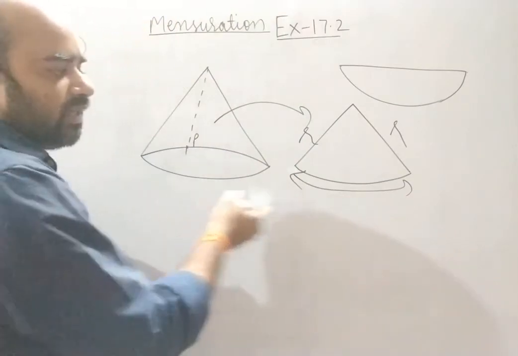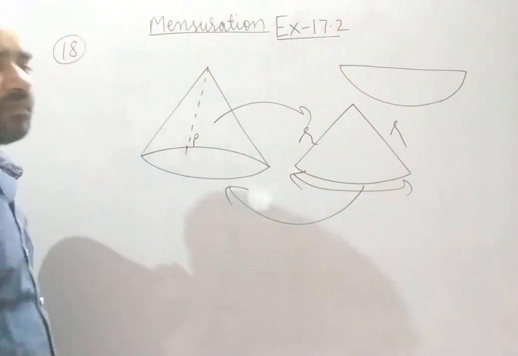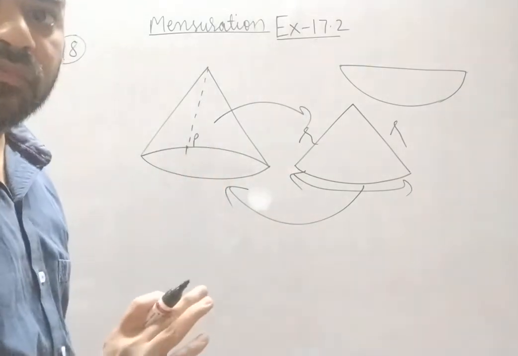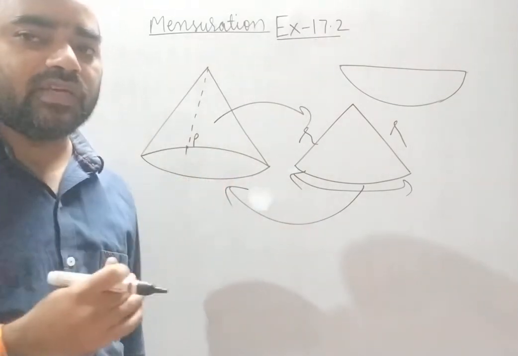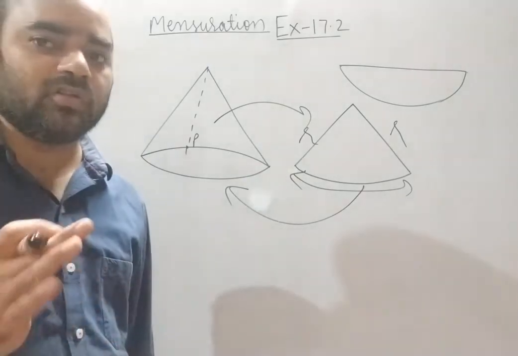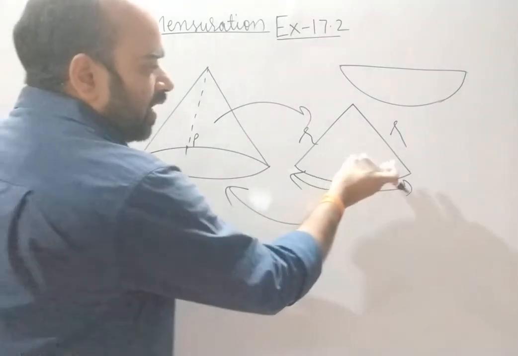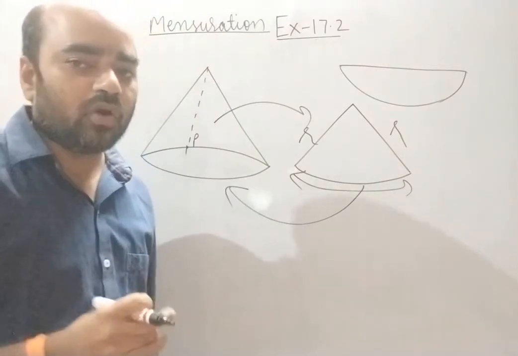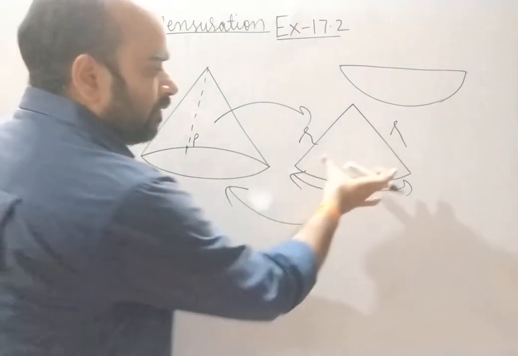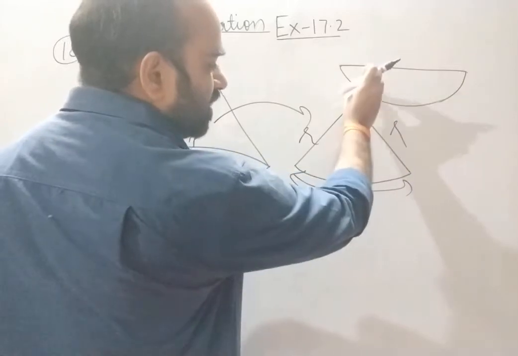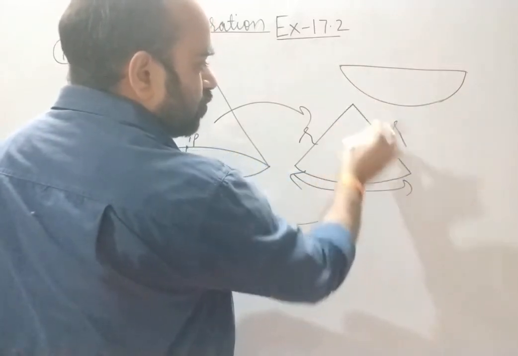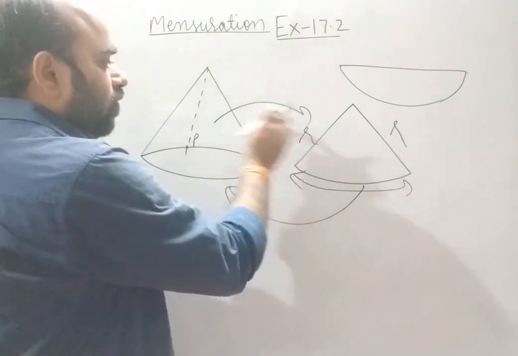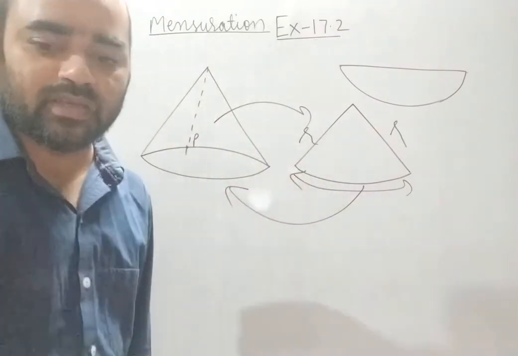Correct? Now here the reverse case is given. What is given? Already we are having a sector of a circle. A semicircle is also a sector. And then it is folded to make a cone. How will the cone be generated? We will fold the sector or semicircle so that its two bounding radii are joined together, coincide together, to form a cone. Clear?